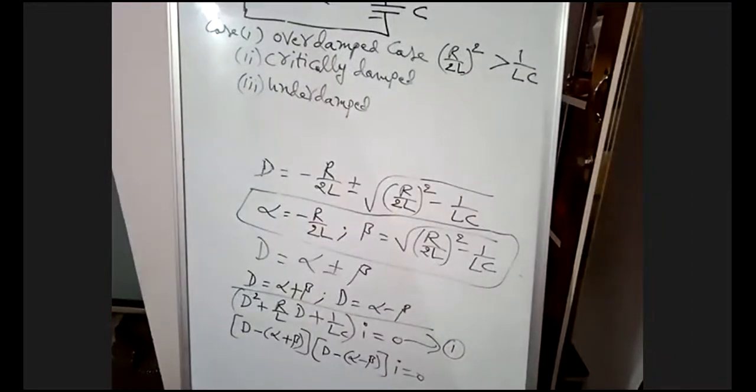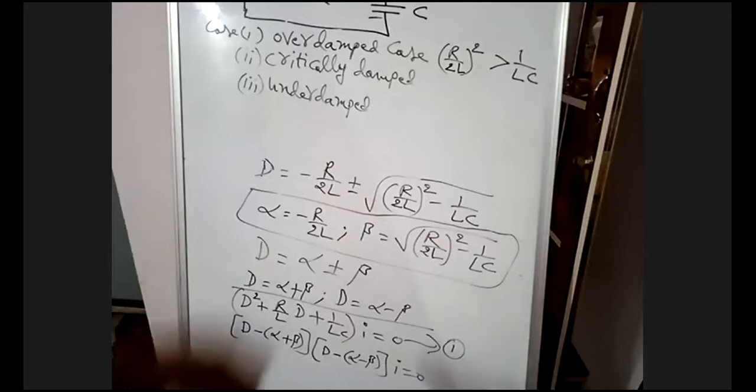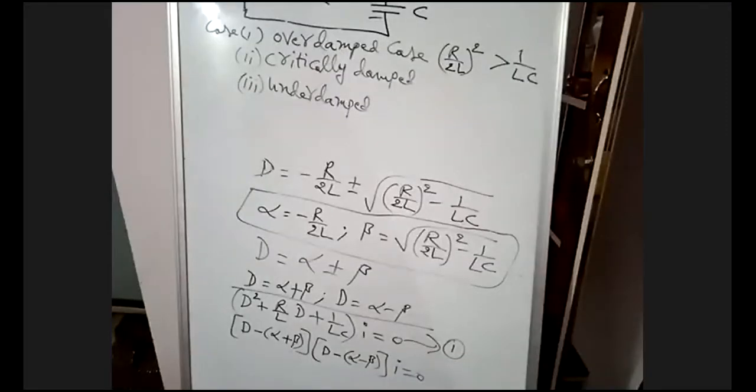Inside beta we have R by 2L whole square minus 1 by LC. Suppose this is the case, inside the square root will we get positive or negative? Positive, because R by 2L whole square is greater than 1 by LC. That's why I will get positive.